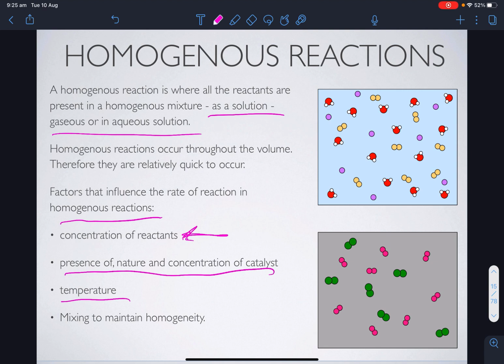If the particles are moving faster, they've got less electron-electron repulsion. And mixing to maintain homogeneity, so you don't want products building up on one side and slowing down the reaction. You want to mix them through evenly so they can have a good chance of meeting each other.